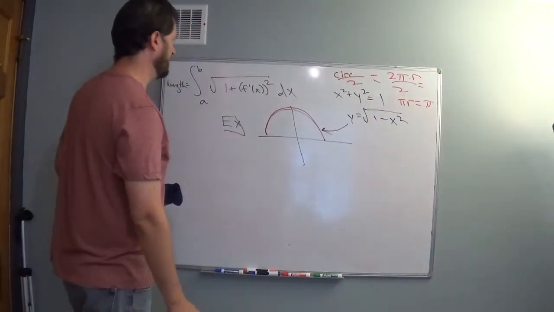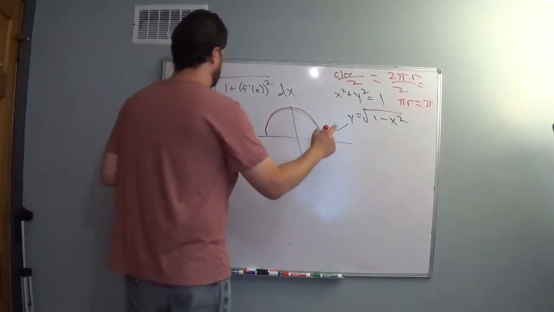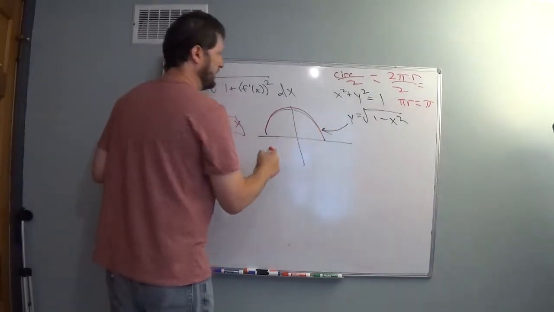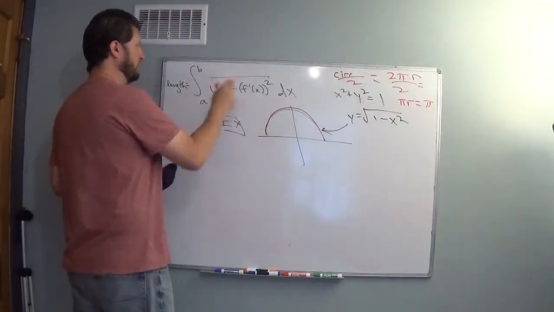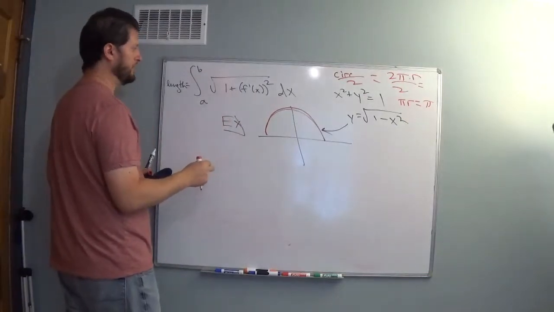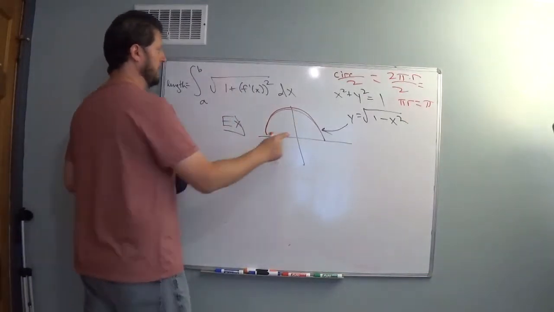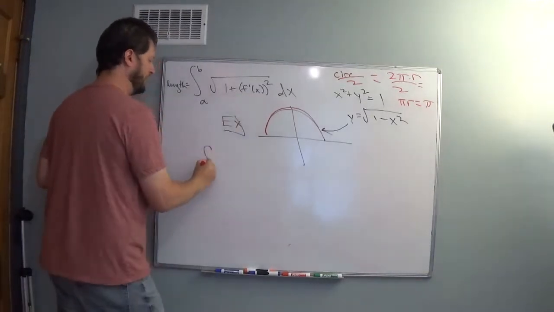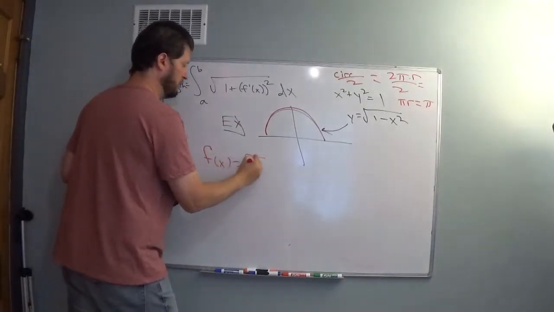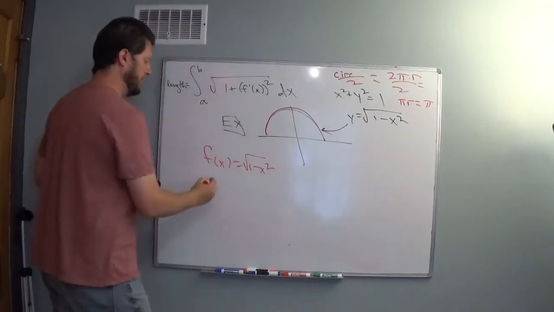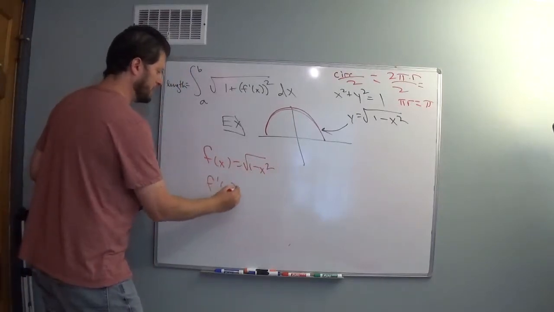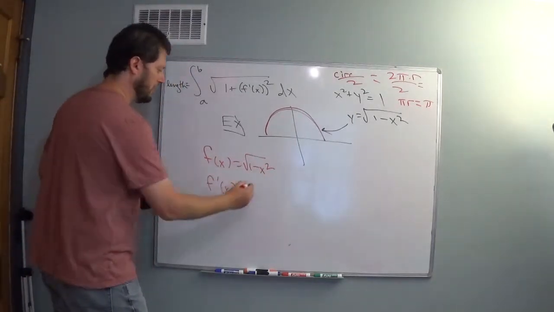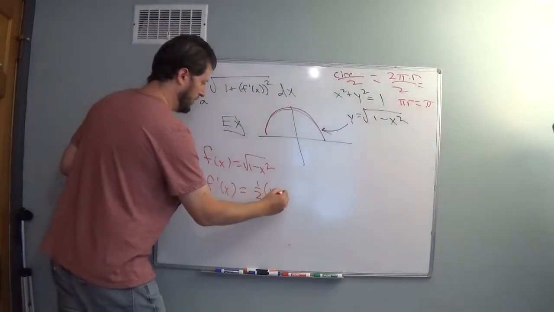Let's see what happens. If we plug this formula in, what do we have to do? We need to find f prime at x. So f at x is the square root of 1 minus x squared. f prime at x is 1 half times 1 minus x squared.